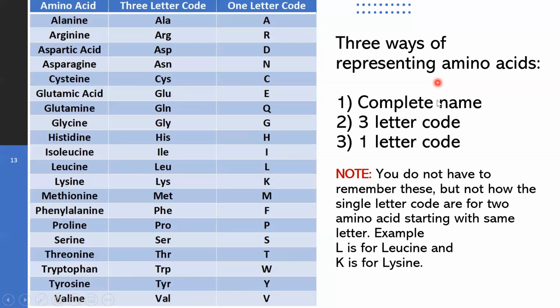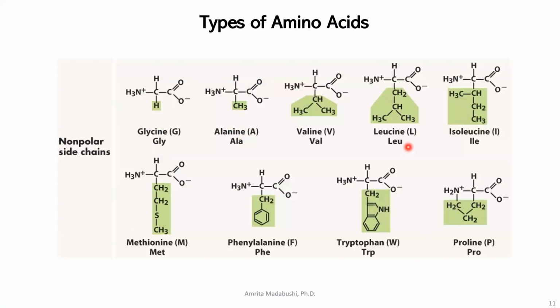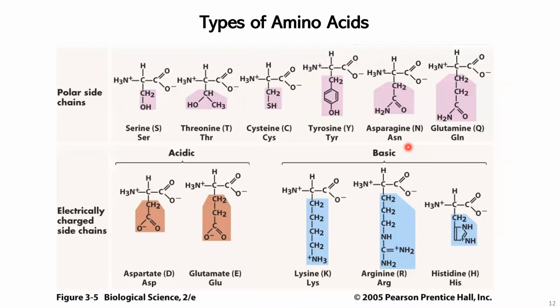So complete names, 3-letter codes, and 1-letter codes are the ways of representing them. From an exam standpoint, I don't expect you to remember these. What I would expect you to remember, if I ask the difference between polar and non-polar, is that non-polar is the one with carbon and polar is the one with charged groups, such as hydroxy or CONH2.